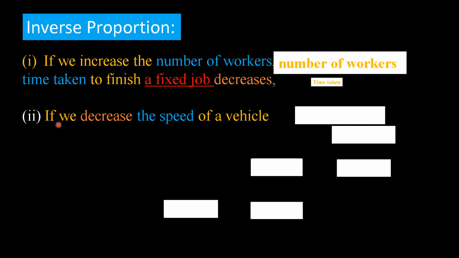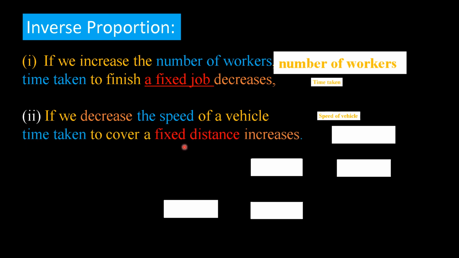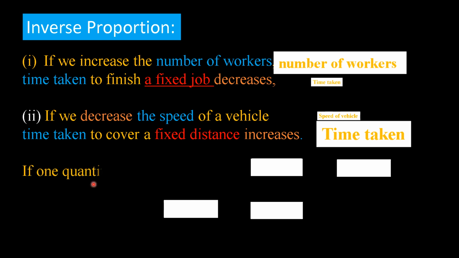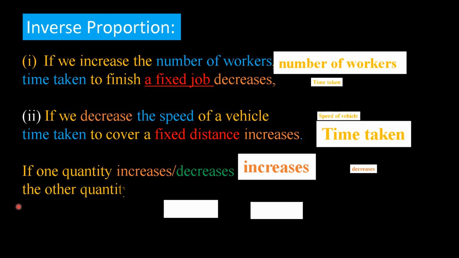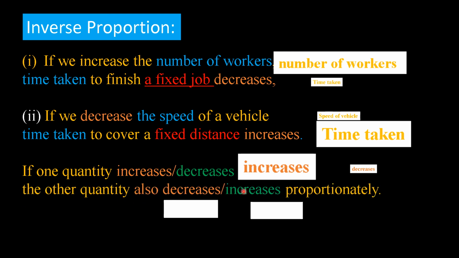Number two, if we decrease the speed of a vehicle, time taken to cover a fixed distance increases. Here, speed of the vehicle is one quantity and time taken is another quantity. If one quantity increases or decreases, the other quantity also decreases or increases proportionately.